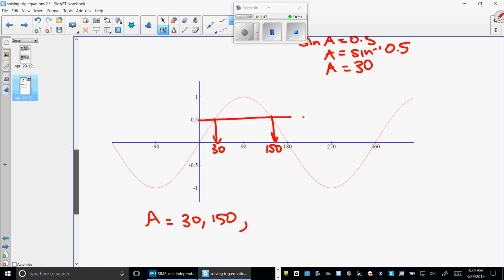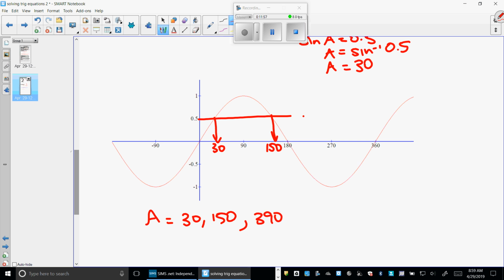We know we need double the number of solutions. So we're adding these on. 360. So there's our 4 solutions. But that represented 2x.